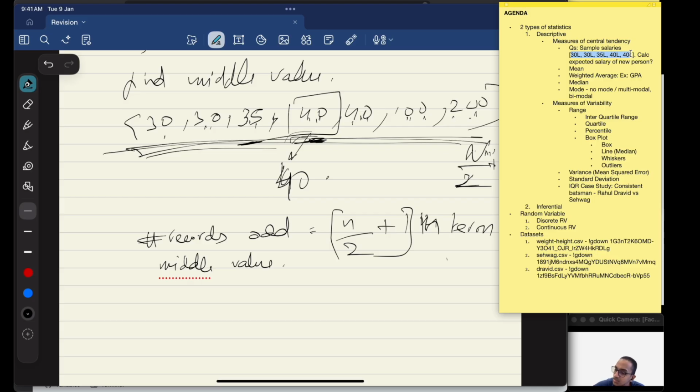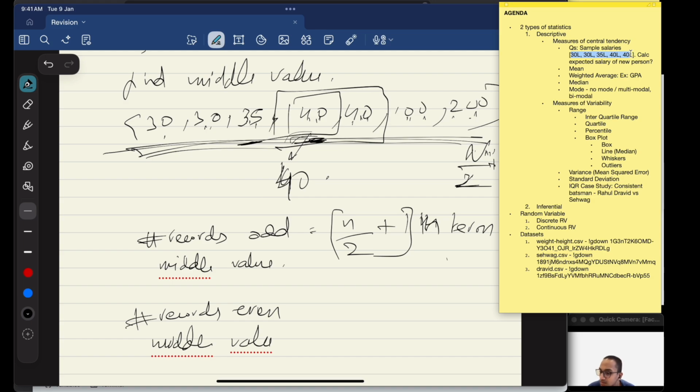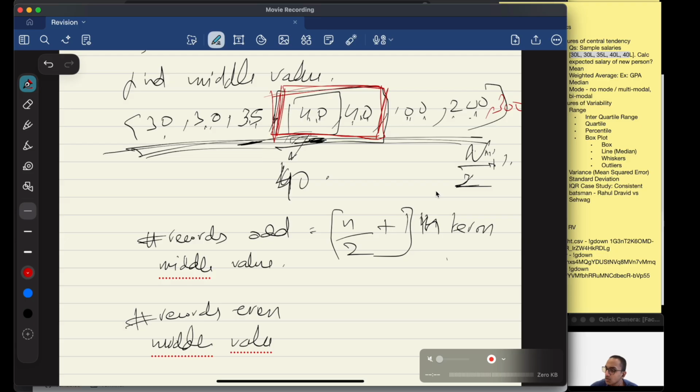That is for an odd number of records. If the records are even, then the middle value will be the mean of these two. Since we have colors, let me use colors. We will use the mean of the middle two values. Let's say there is another value called 300.